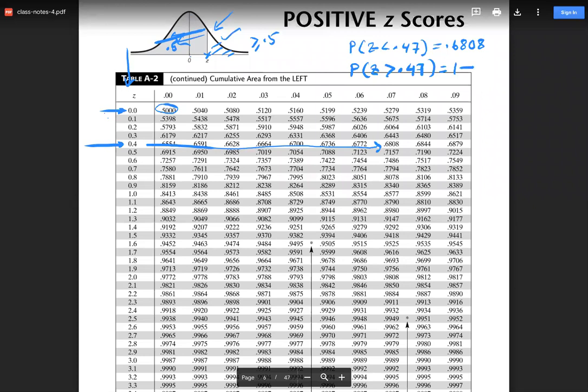So 1 minus the probability of z less than 0.47, which is 1 minus 0.6808, which is 0.3192. So the probability of z greater than 0.47 is 0.3192.